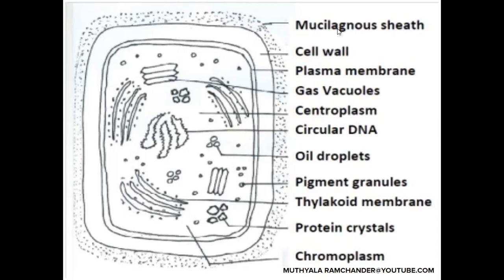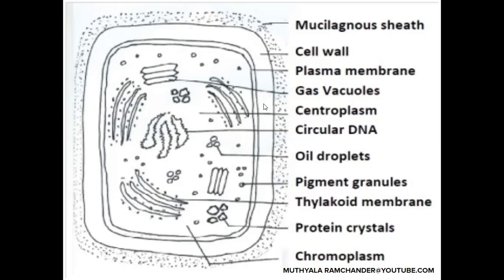Beneath the mucilaginous sheath, the cell wall is present. The cell wall is mainly made of murein chemicals: peptidoglycans and muramic acids. Generally, peptidoglycans and muramic acids are present in the bacterial cell wall, but in the plant cell wall, cellulose, hemicellulose, pectin, suberin and lignin are present.